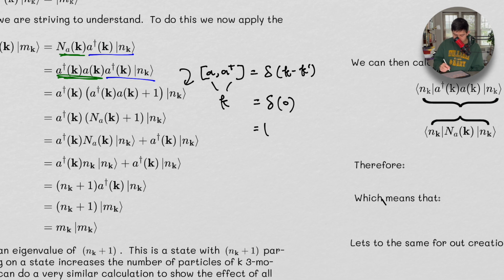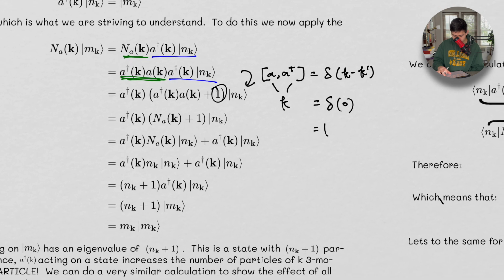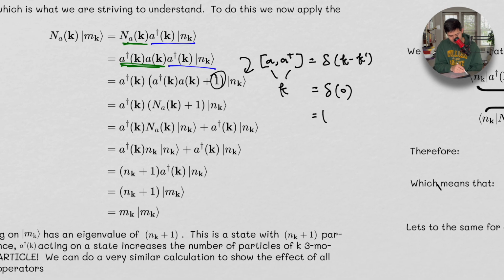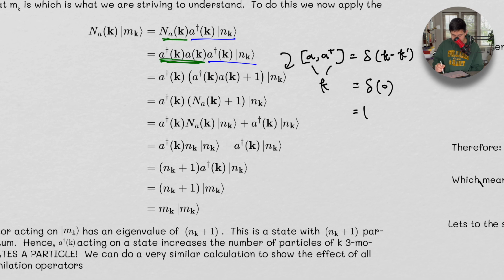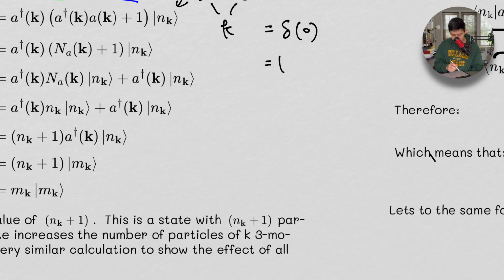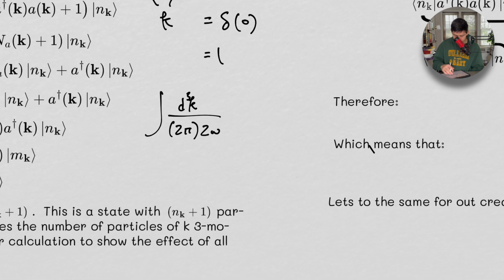There's going to be some normalization factors in here, but we're just going to take that to be 1 right now. What happens with the normalization factors is that we're integrating over some volume, d3k over 2 pi cubed 2 omega.